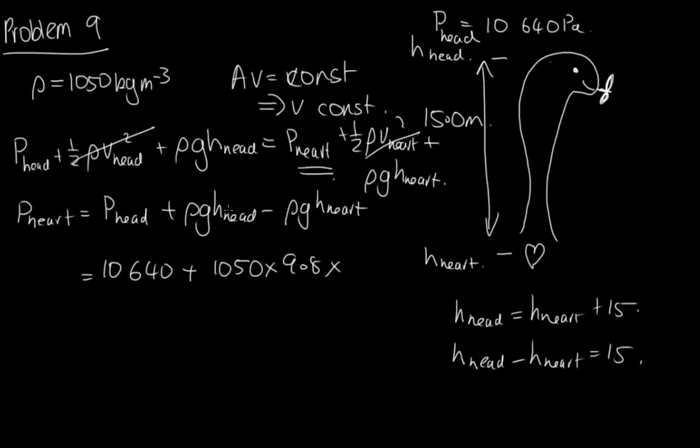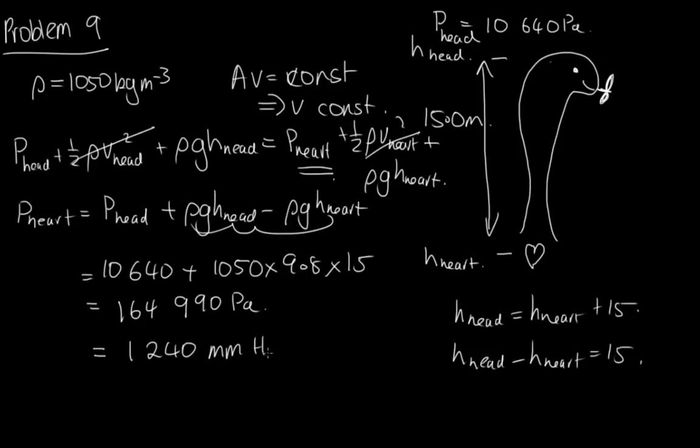And then we've got the height of the head minus the height of the heart. So combining these two terms, taking the rho G out as a common factor, and then using H head minus H heart is 15, we can put 15 in there. And so this lets us calculate the blood pressure, which is 164,990 pascals. So if we want to get from pascals to millimeters of mercury, that's 1,240 millimeters of mercury.